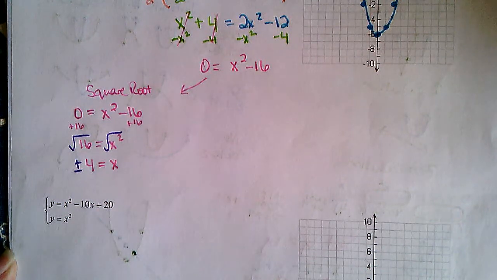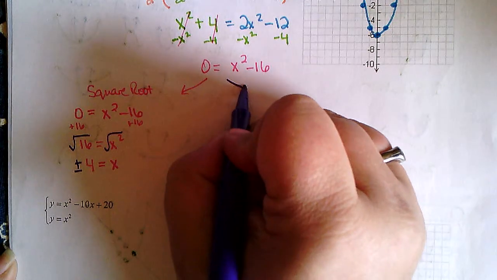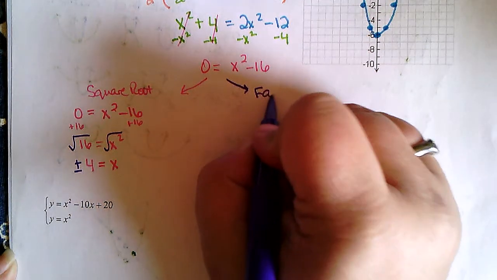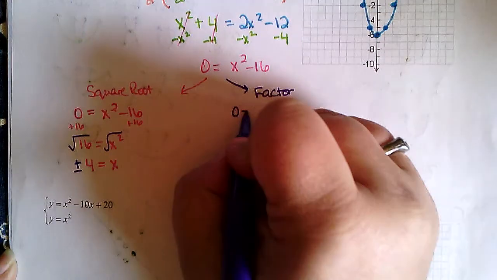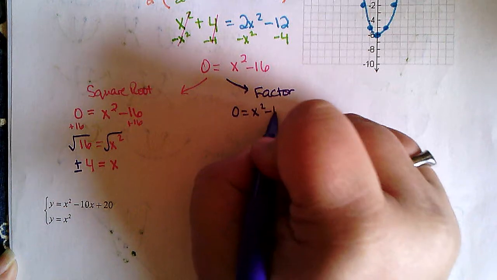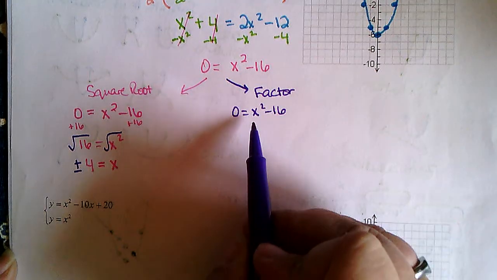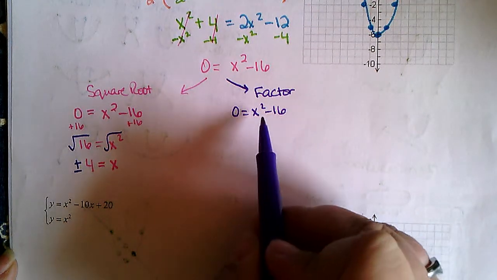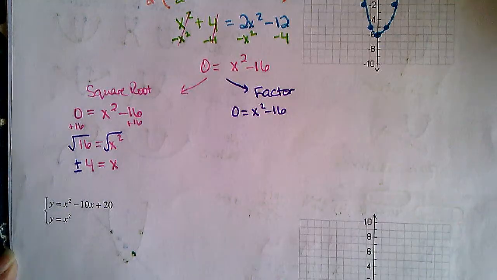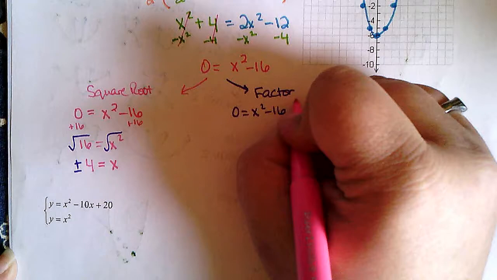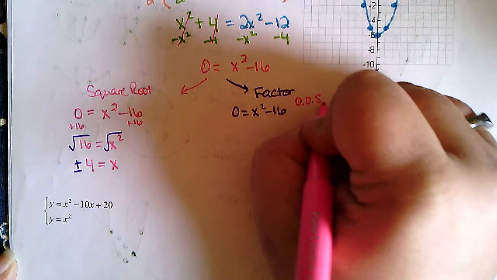The other way that I can see that would be pretty simple is to factor. To factor this, x squared is a perfect square, 16 is a perfect square, and with them being subtraction, this is a difference of squares.